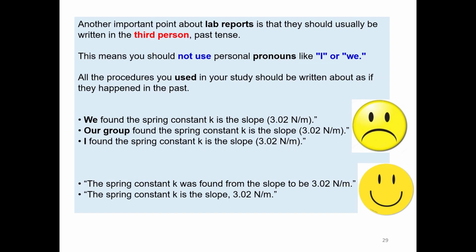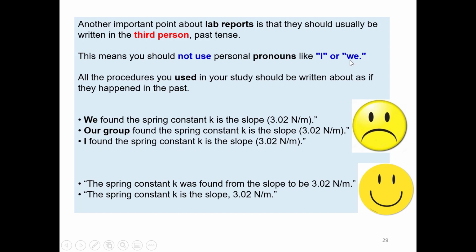One important thing when we are writing reports in science is that we use just third person and past tense to write lab reports. This means you should not use personal pronouns like I or we.